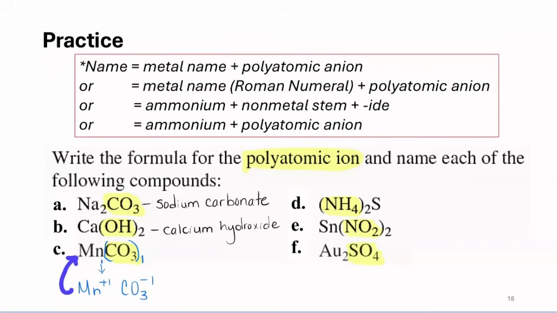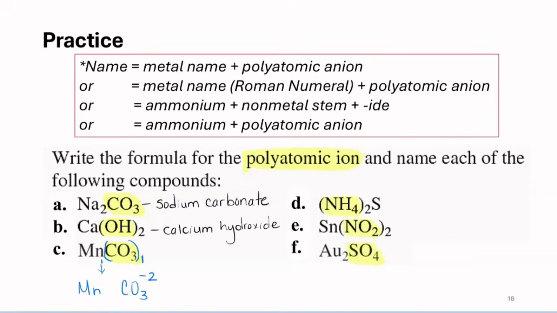If I revise the table of the polyatomic ions, I can notice that CO3 is not -1. CO3 is actually -2. So that means that if I combine it with a cation and there are no subscripts, this is one of those instances where the charges cancel each other.